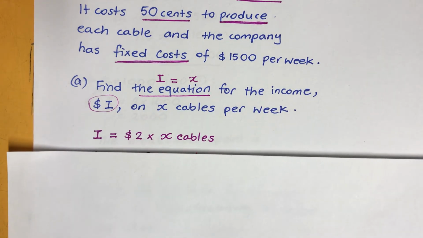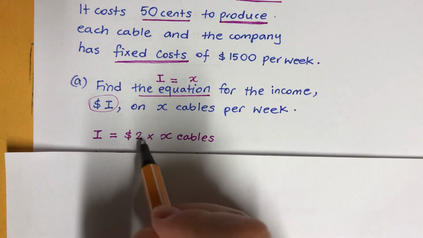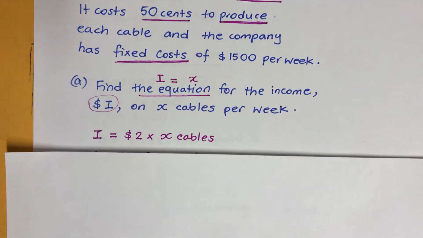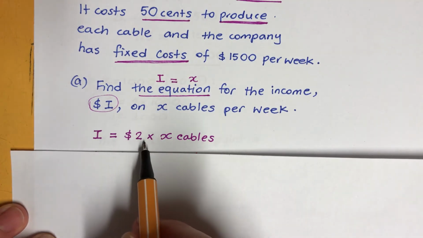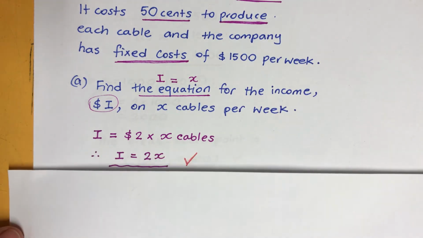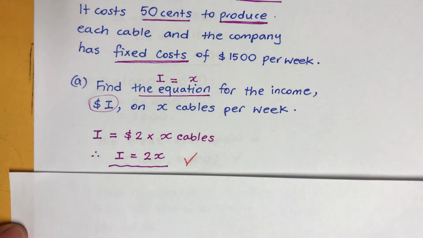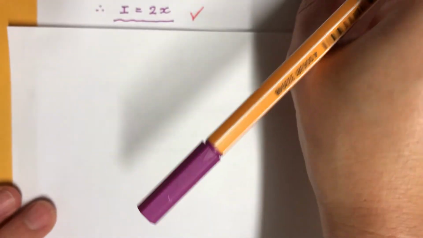So let's have a look. So I equals, it costs them $2, not cost to make it, $2 to sell it. Income is when you sell something you make money. So it's actually $2 they're selling it, and X cables. So that would be I equals 2X.